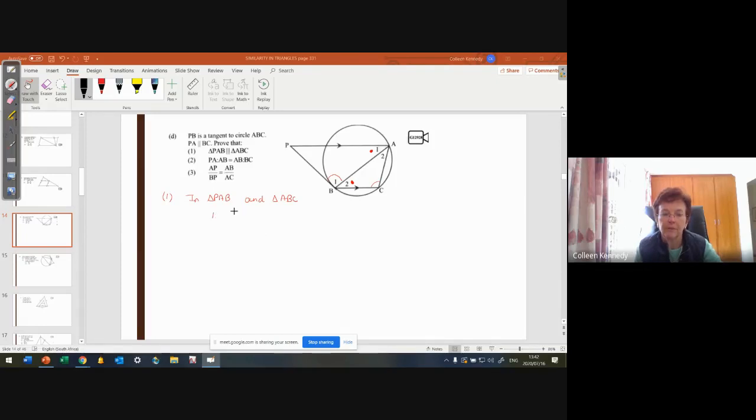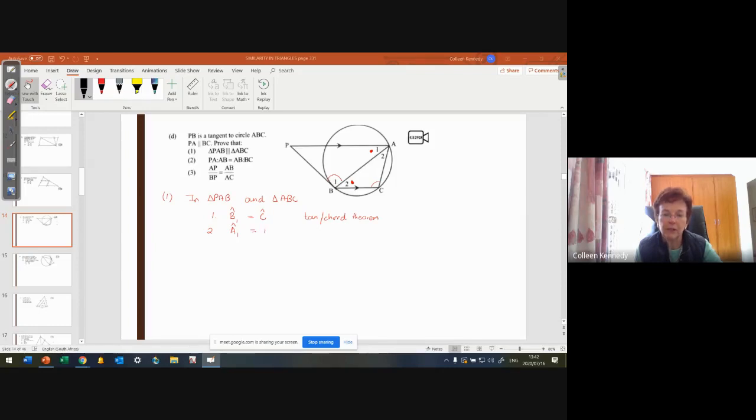Your first thing, take PAB. It must come from that triangle first. And the first thing we saw was B1. So B1 equals C, tan chord theorem. 2. A1, we saw that, comes from that first mentioned triangle.